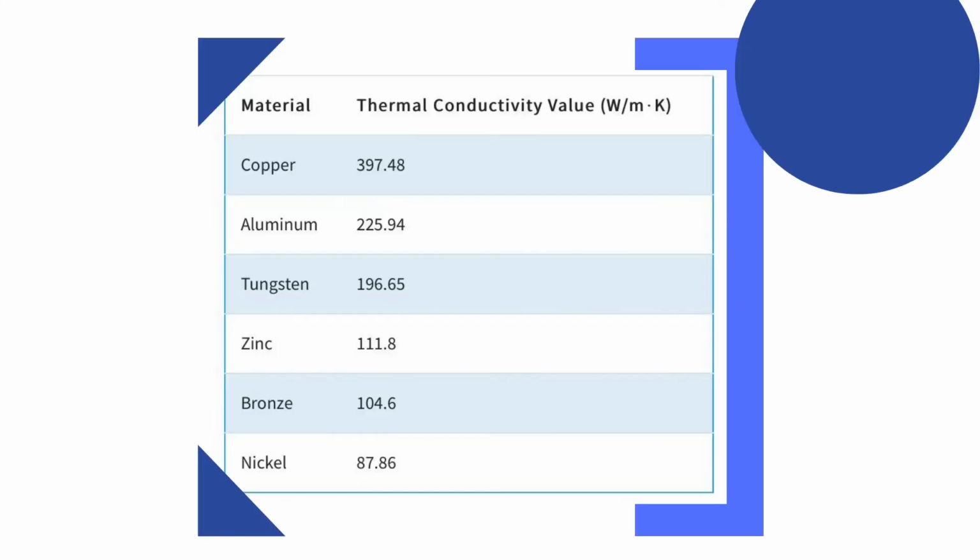Okay. This table shows some data values for copper, aluminium, tungsten, zinc, bronze, and nickel, and their thermal conductivity values. As we can see, the highest thermal conductivity is copper. From the journal, I also learned that there are main factors that affect thermal conductivity.